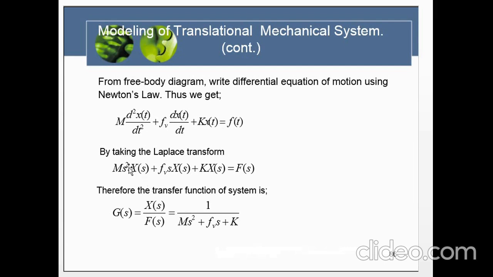We get M s^2 X(s) plus f_v s X(s) plus K X(s) equal to F(s). If the transfer function is X(s)/F(s), then we get G(s) equal to 1 over M s^2 plus f_v s plus K. This is the transfer function of the previous system.